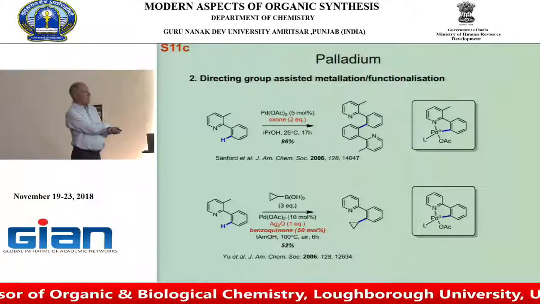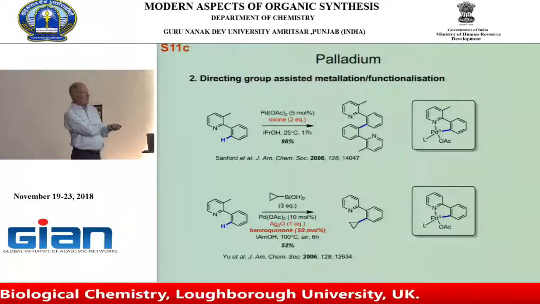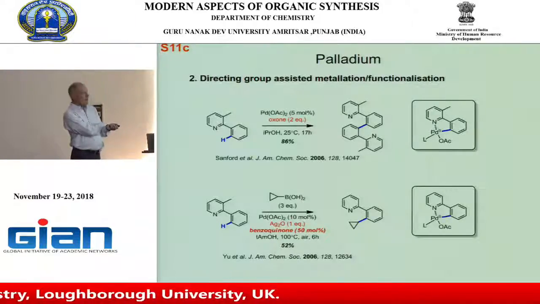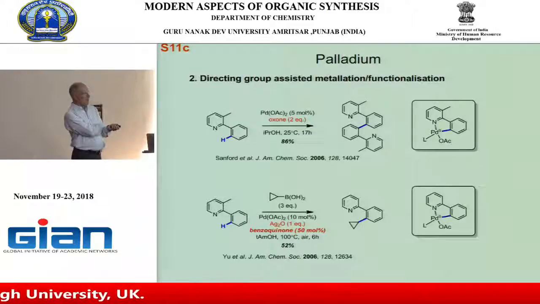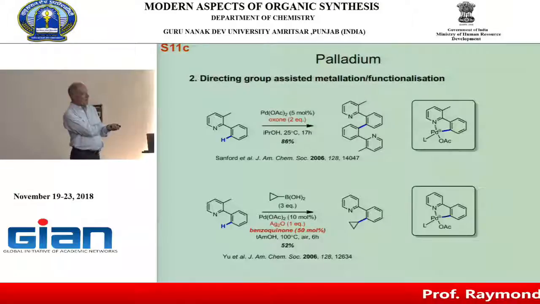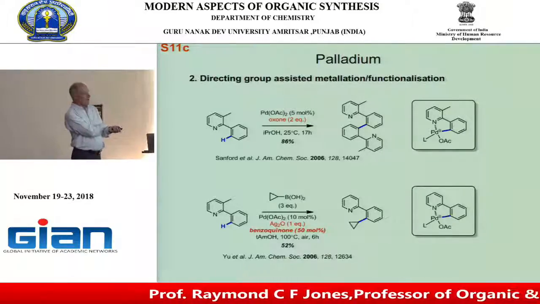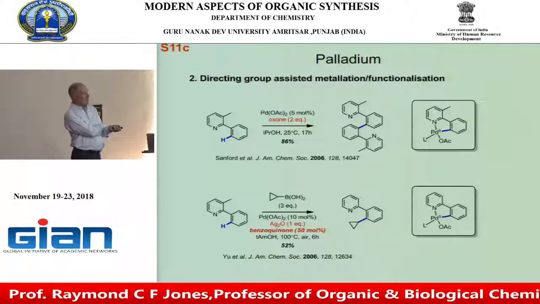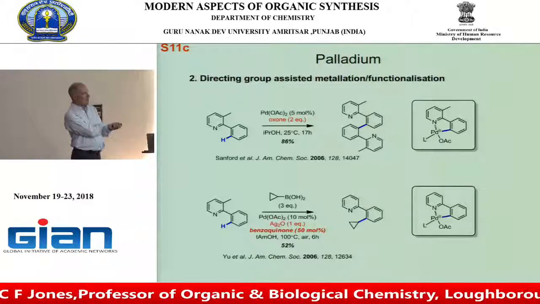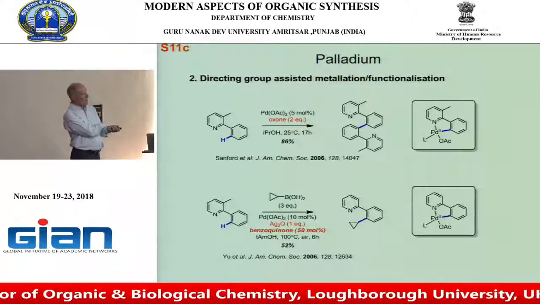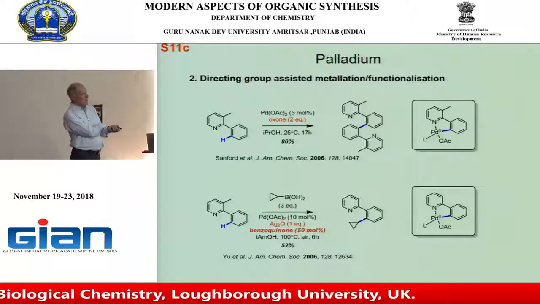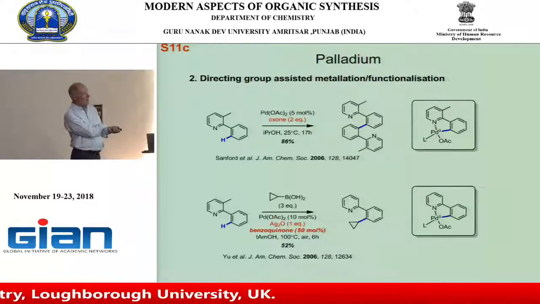Here is sort of a Suzuki reaction happening. It's this boric acid derivative, but there's no leaving group anywhere on here. The only thing that's happening is you've got this nitrogen, the same substrate, this nitrogen guiding in palladium, so picking out this position.